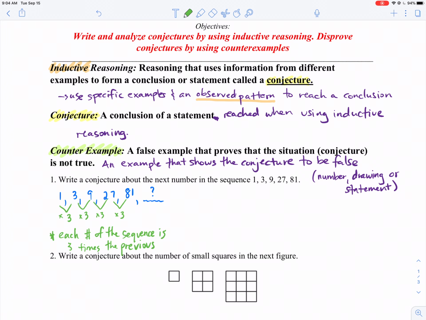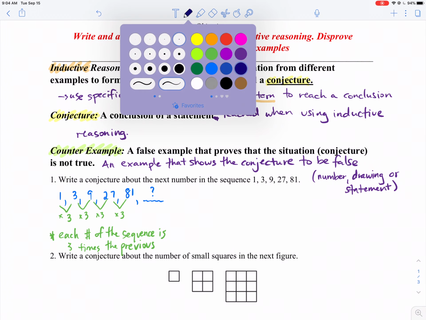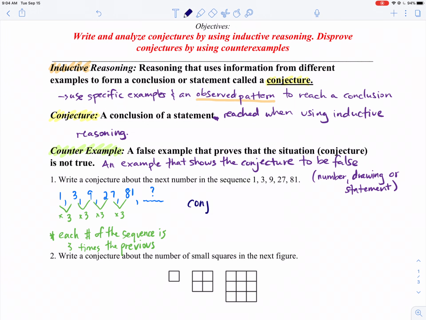It's saying write a conjecture. So our conjecture is that the next number in the sequence will be 81 times 3.